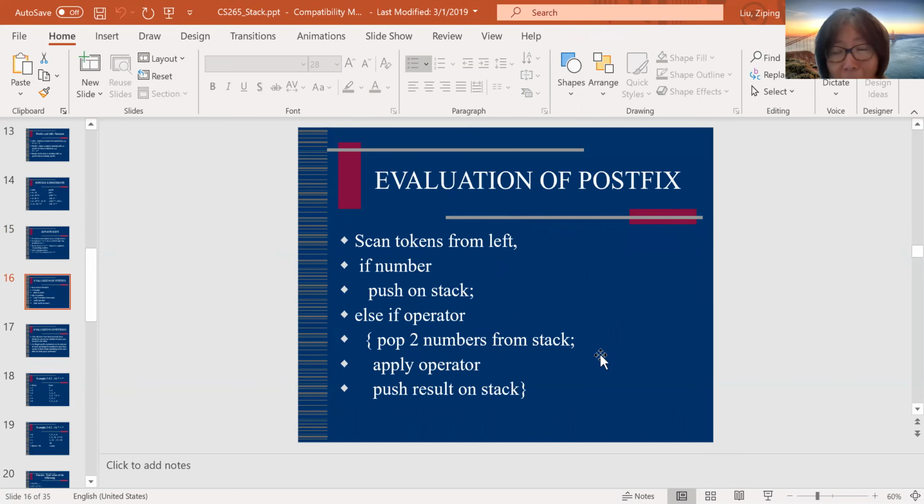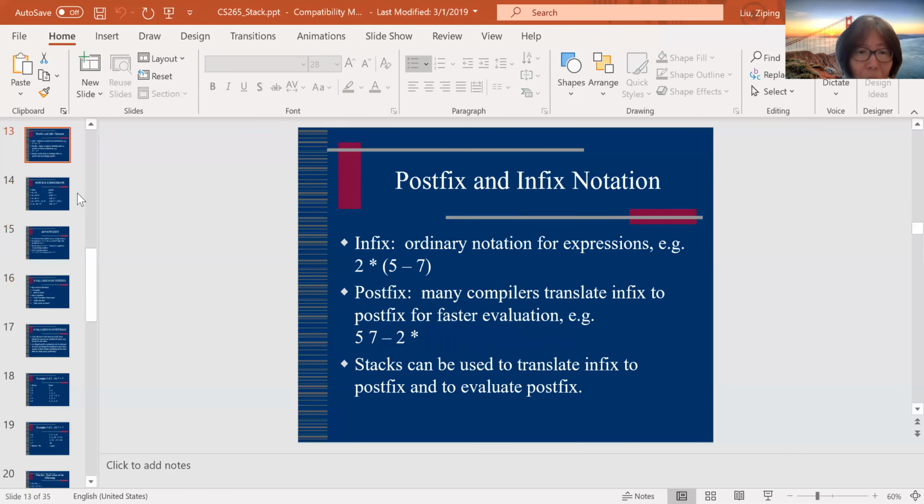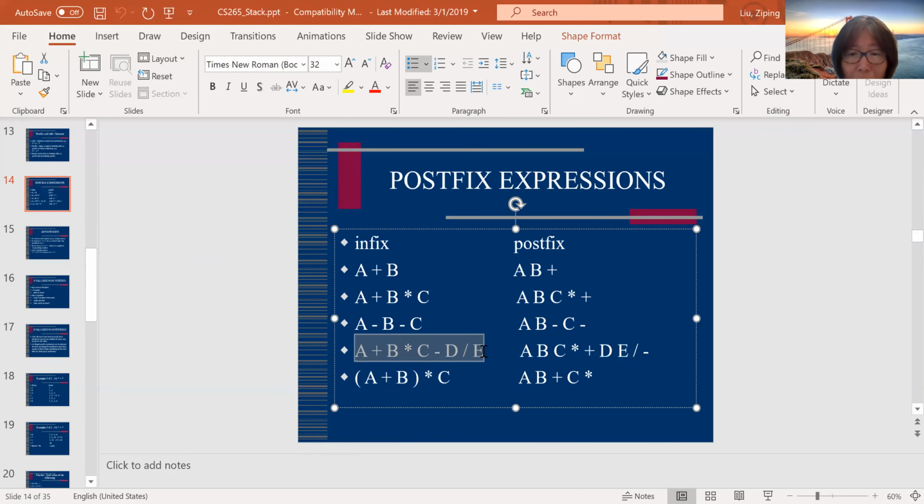Then our focus is how to evaluate a postfix expression. Let me find an example so that I can explain. Maybe let me use this example.